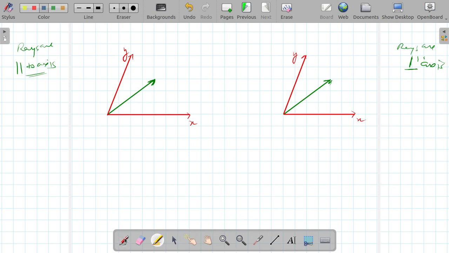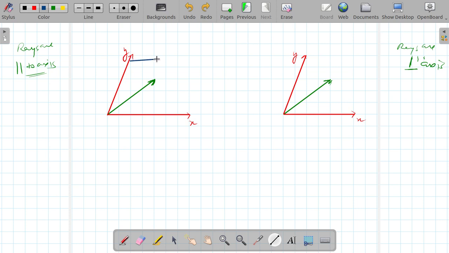So for this, let us do one thing. Its rays are coming parallel to the axis. So that means the source is somewhere here, right? And the source will be somewhere here. Let me take another color.